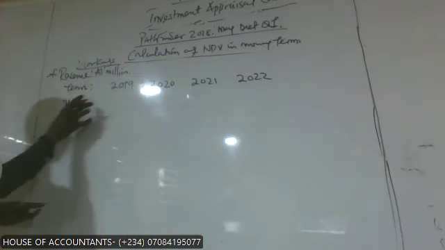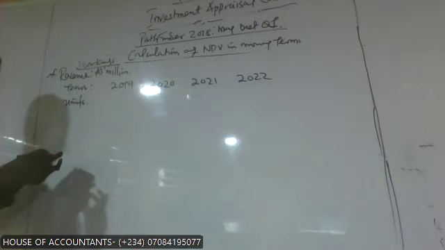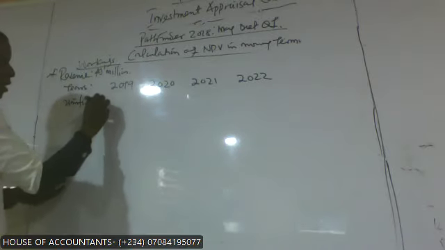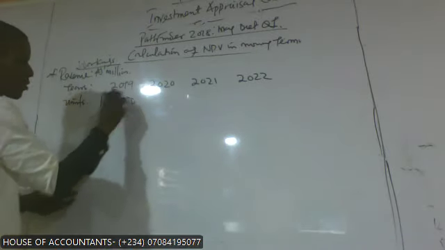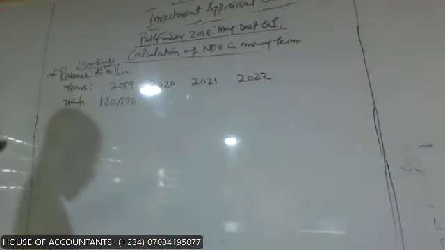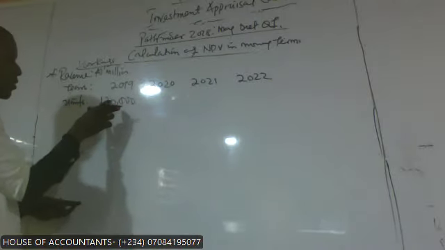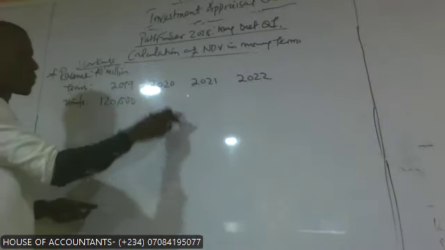And if you look at the unit as per the question, it is 120,000 in 2019, and it's expected to increase by 5% year after year. So that means 120,000 times 1.05 gives you the next one.